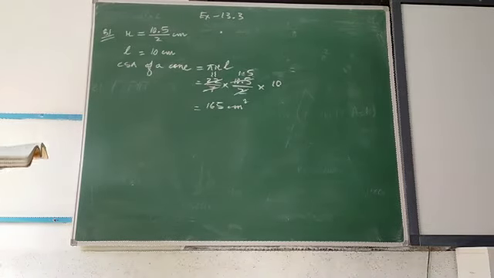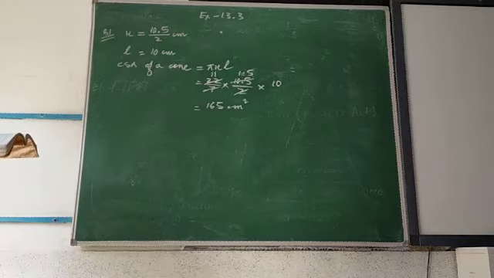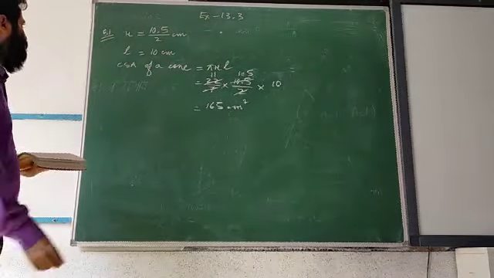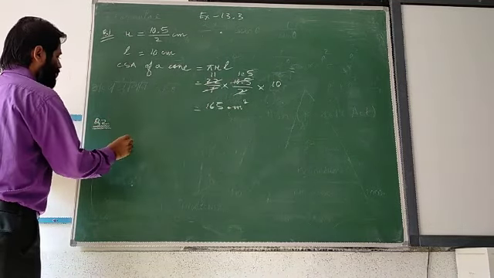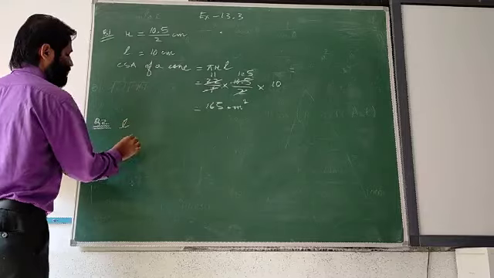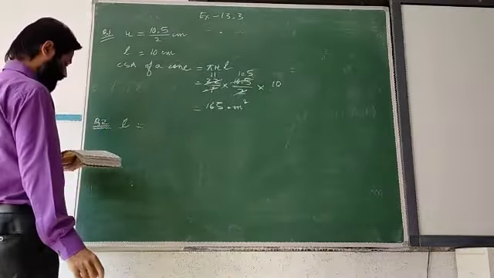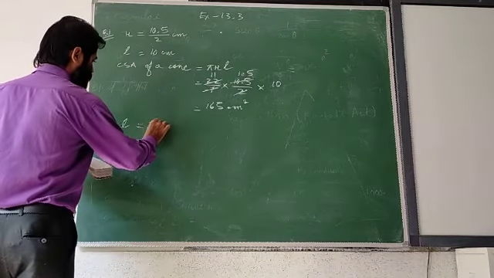Now next question. Find the total surface area of a cone if its slant height is 21 meter and the diameter of its base is 24 meter. Question number 2. Slant height of a cone, in bracket you write L, is 21 meter.